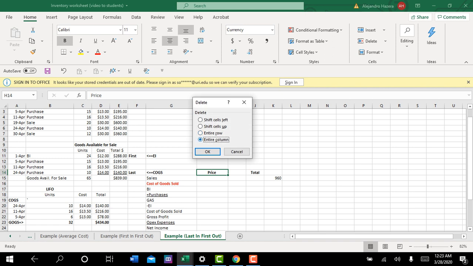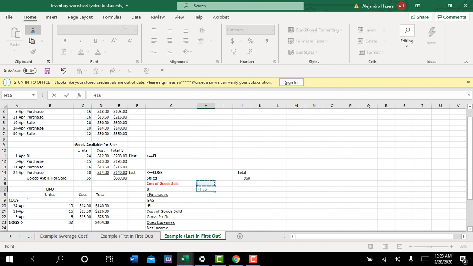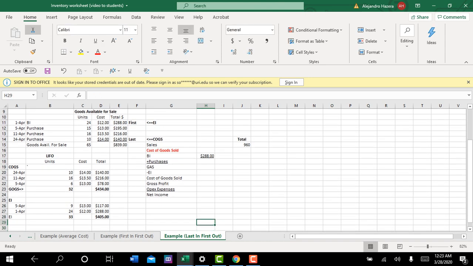Okay, so anyway, our beginning inventory we know is $288. Once again, we know that our purchases are going to be equal to the sum of the 3 purchases for this accounting period.